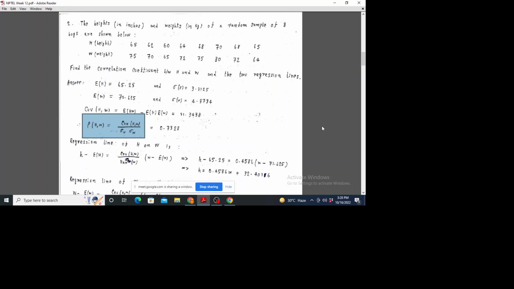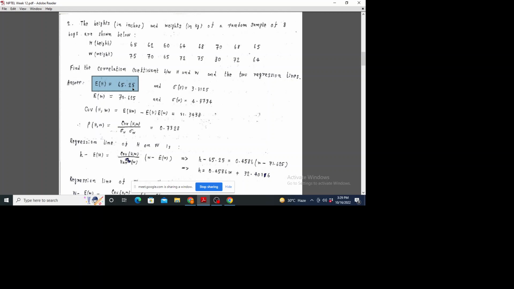We have to find the standard deviation of H. For that we first need to find the expectation value of H. You are given 8 data points with individual values, so you just sum them and divide by 8. That is how you get the mean. Yes, it is the mean, just simple expectation.